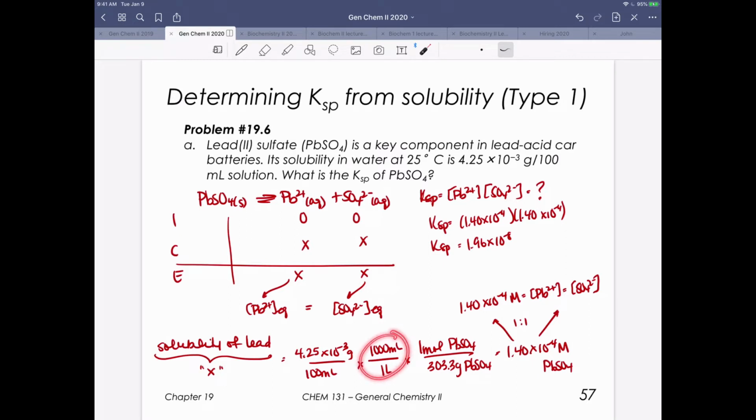We're going to have a prefix unit conversion to convert to liters, and then we need to use the molecular weight here in order to convert into moles. Doing so gives us the concentration of lead, or the solubility of lead in water, as 1.4 times 10 to the minus 4th molar. That's equal to each of these concentrations at equilibrium, and so we're then just multiplying these two values together to get the Ksp value.